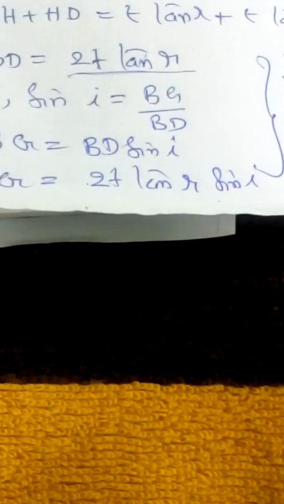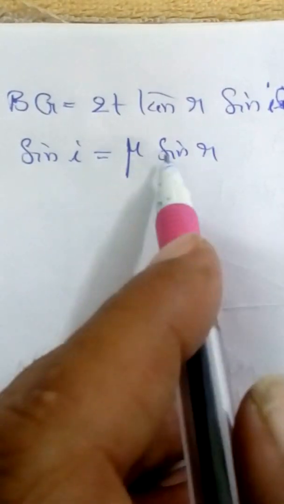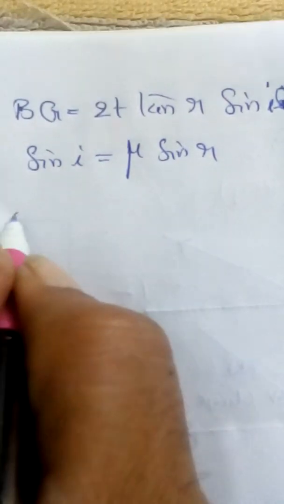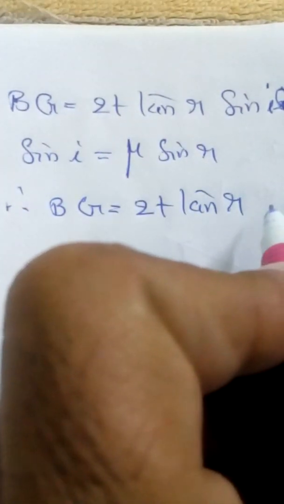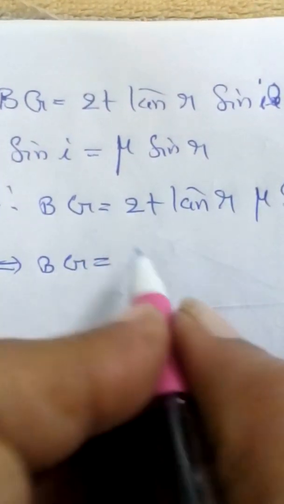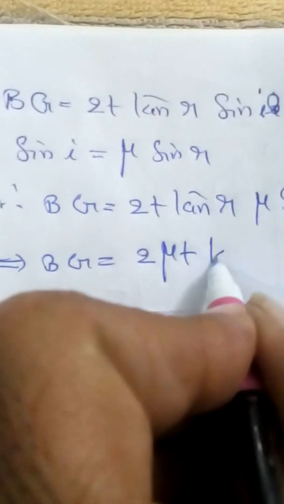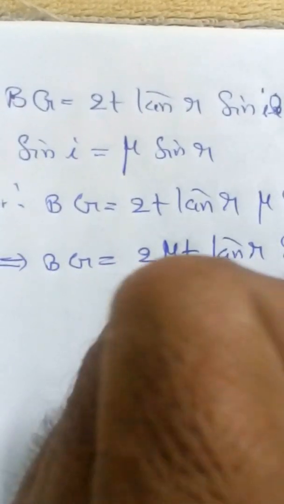By substituting, BG will become 2T tan R times mu sin R. Just rearrange that, bringing mu forward, so BG becomes 2 mu T tan R sin R.